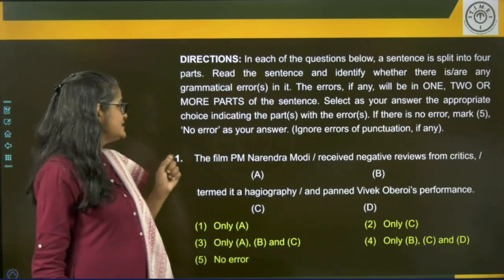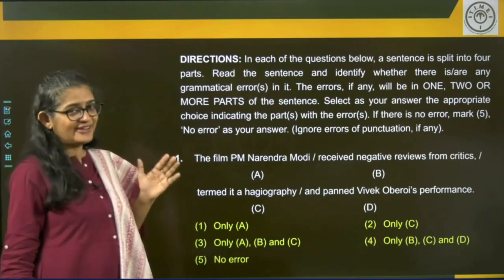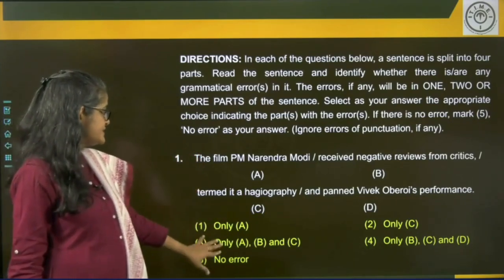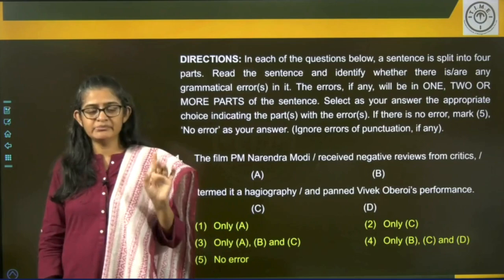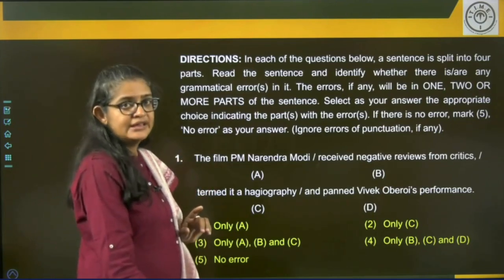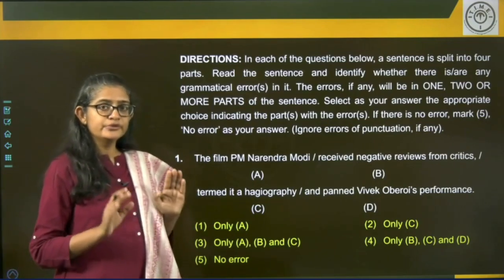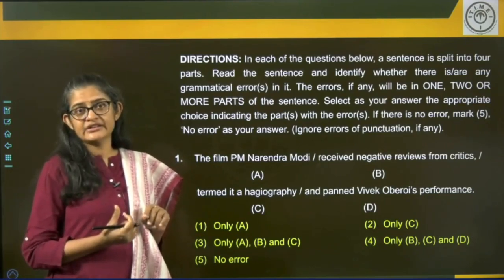Select as your answer the appropriate choice indicating the part or parts with the error or errors, and if there is no error, you have to mark 5, that is no error. You can ignore errors of punctuation. Usually in bank exams they do mention that you may ignore errors of punctuation. So you only need to look out for grammatical errors.